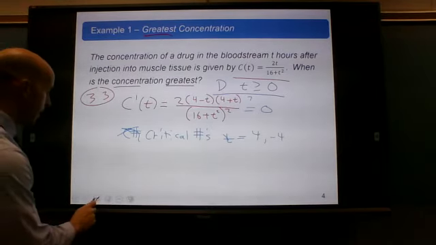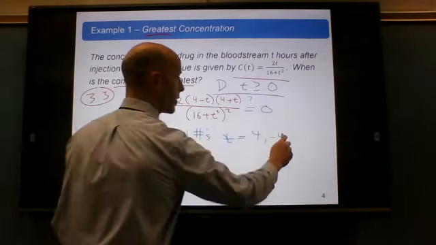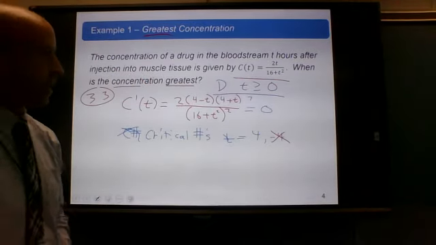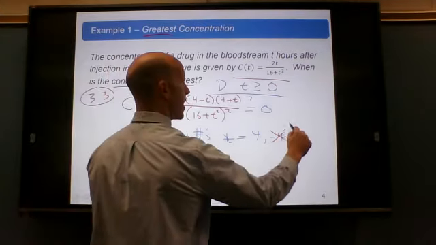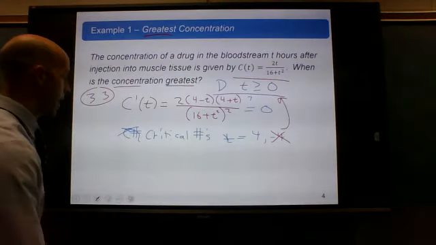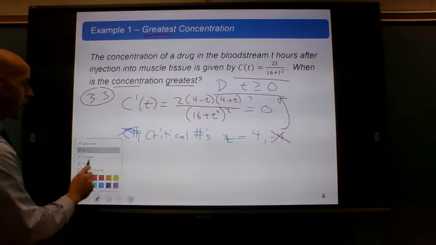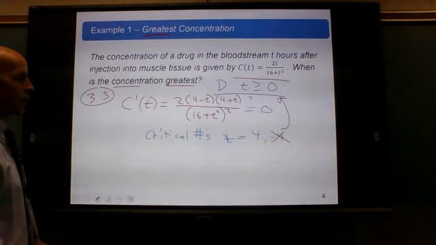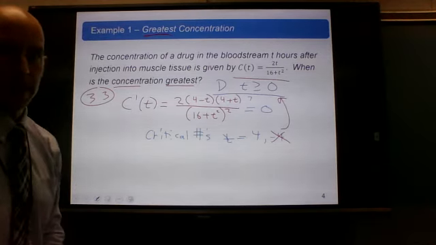Now, I claim that -4 cannot be a critical number, though. And guess why? It can't be a critical number because we just said that the domain had to be all values greater than or equal to 0. In other words, none of the values where t is less than 0 make sense.